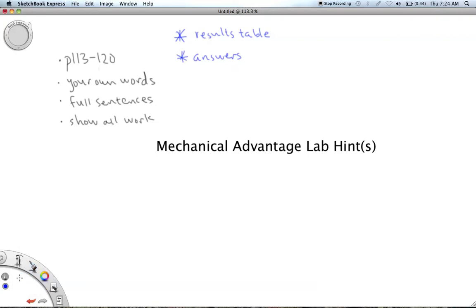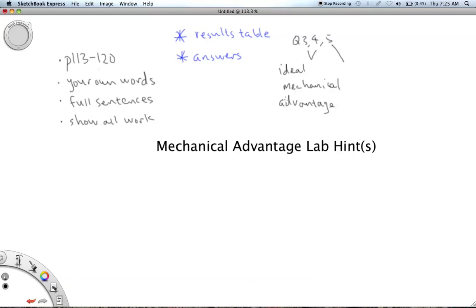Now, some of you likely had problems with questions 3, 4, and 5. Those questions focus on something called ideal mechanical advantage, a concept that we really didn't discuss in too much detail in class.